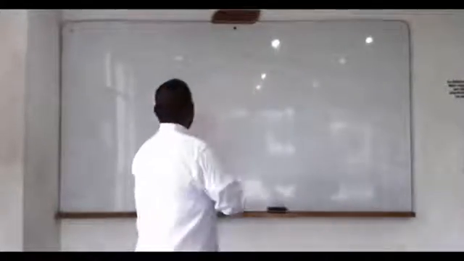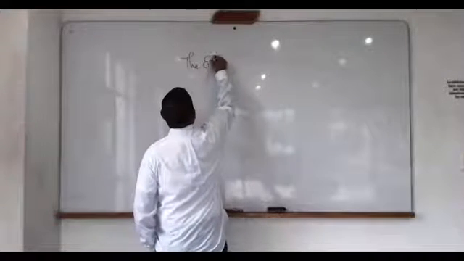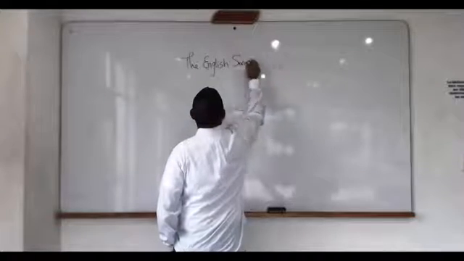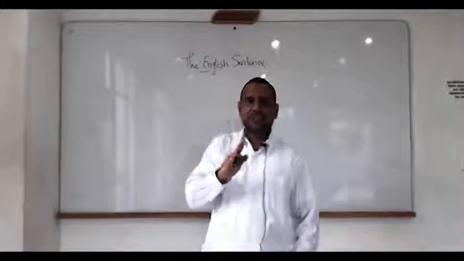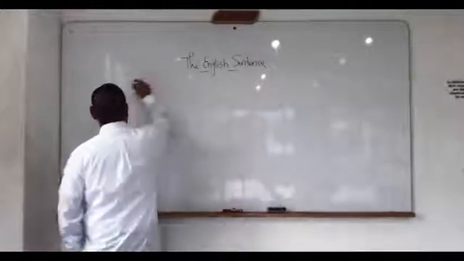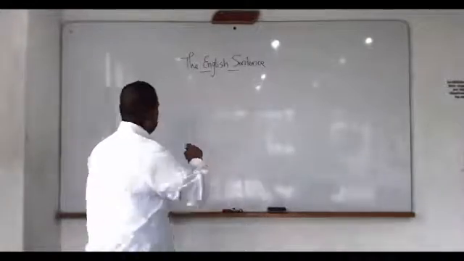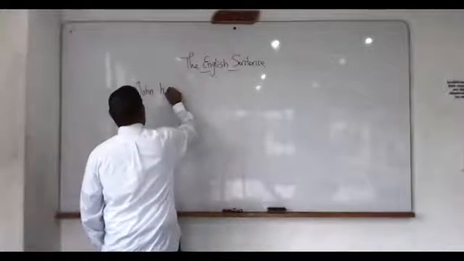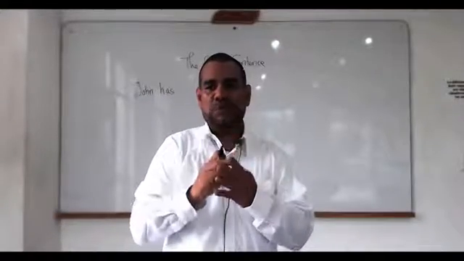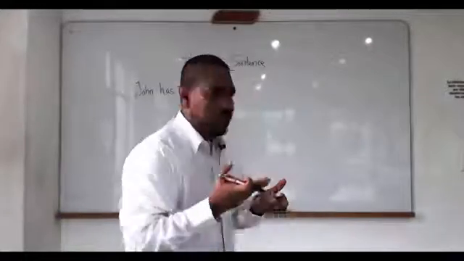Okay, first, we need to know that the English sentence has essentially one subject, one verb, and in many of the cases we have with respect to sentences in English, we are going to have objects in the sentences too.